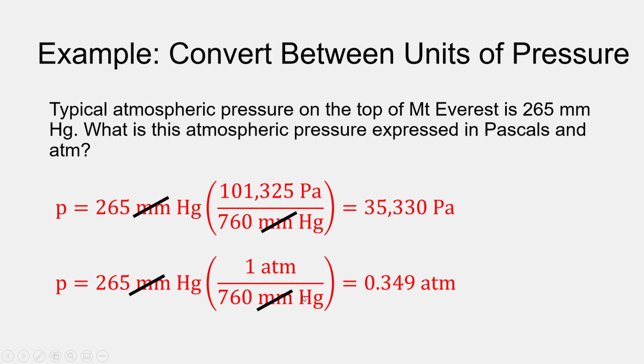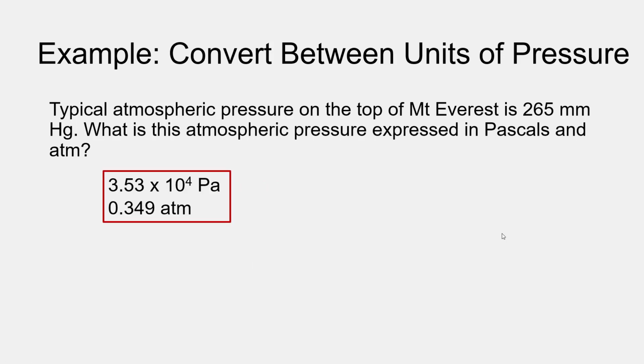Again, the millimeters of mercury cancel. Considering significant figures, we're entitled to 3 sig figs in our final answer. Our final answer is 3.53 times 10 to the 4th pascals, or 0.349 atmospheres.